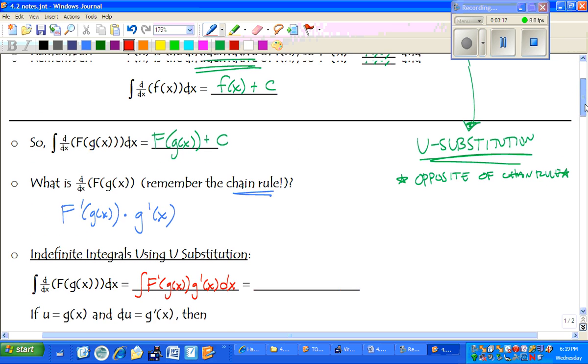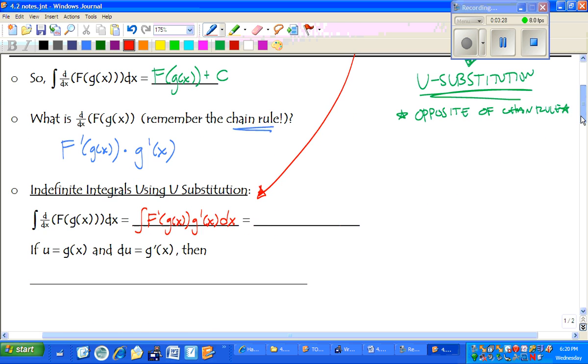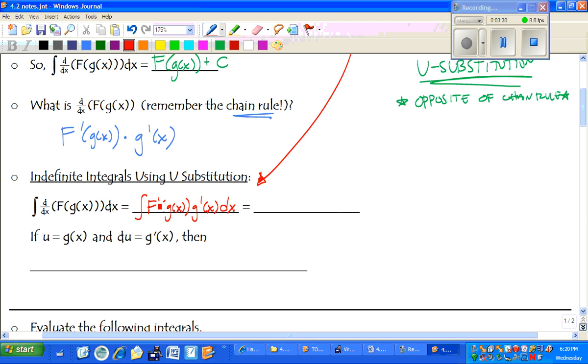Going back to what we talked about up here, remember the derivative of capital F of x is just regular f of x. So right here, we can write that as f of g of x times the derivative of g of x dx.